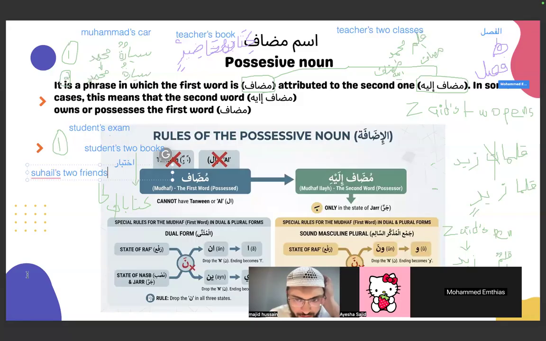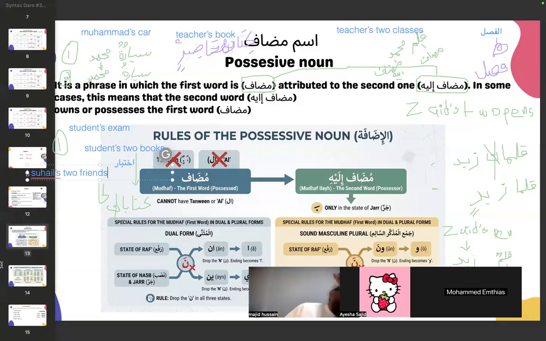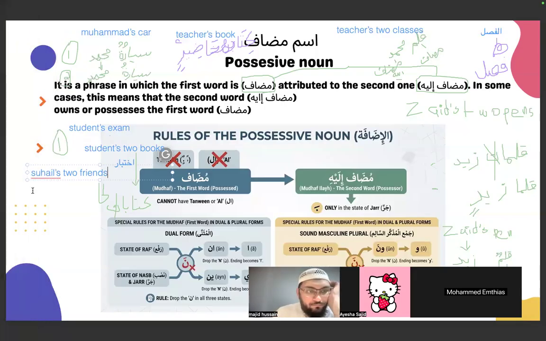Sadiq. طيب, Brother Muhammad, you finished? Teacher's two classes, oh, you're doing it. خلاص. Suhail's two friends, Sister Aisha, how do we translate this? Siddiqa Suhailin. أيوة. صديقا سهيل. Right. So singular, easy; dual, easy. Got the hang of it.